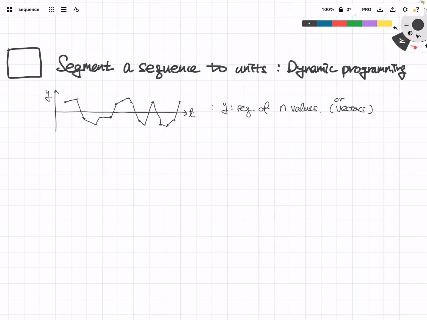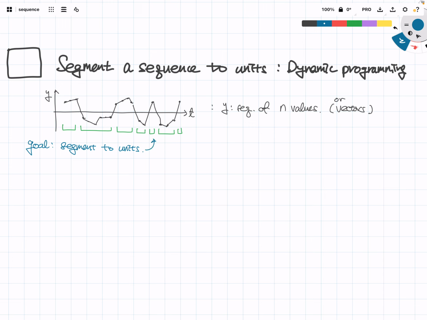And what we want to do is segment this into units. So similar ones, like in this case, these three and the next six and next four, two, one, three, and one, something like that.